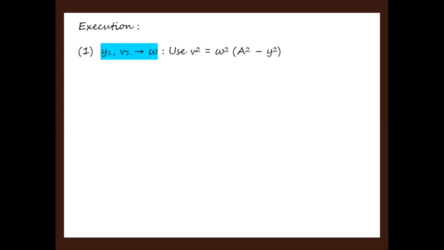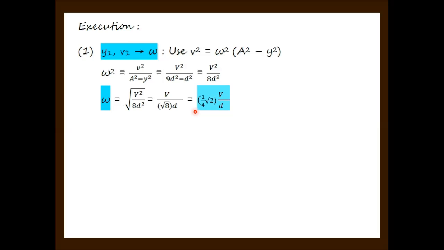This is because simple harmonic motion is a time-repeating function, so any solution for time cannot be uniquely determined. We get that omega is equal to v over d multiplied by 1 over 4 times root 2. Notice that it's always good to show a little bit of mathematical sophistication to express your answer in conventional mathematical form.